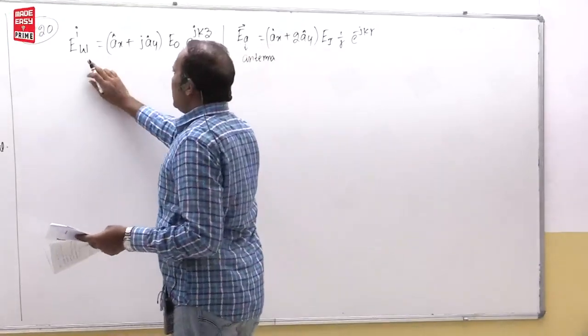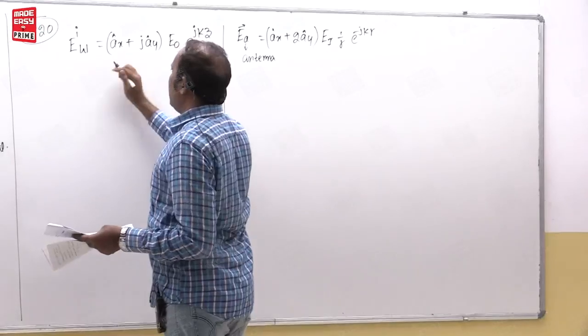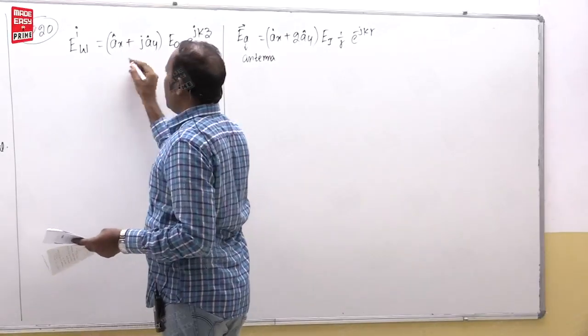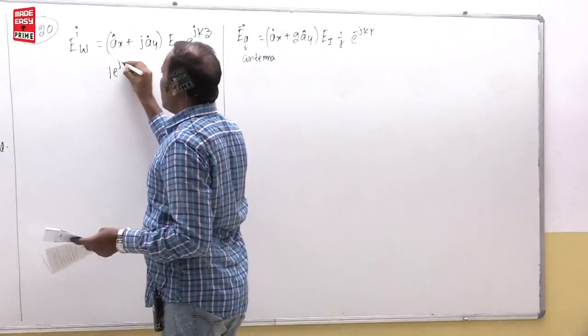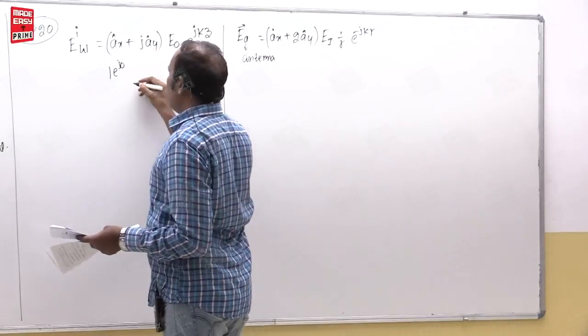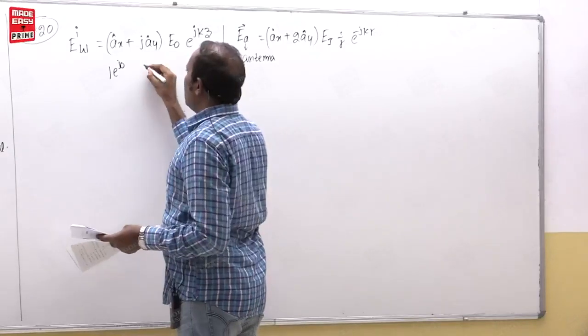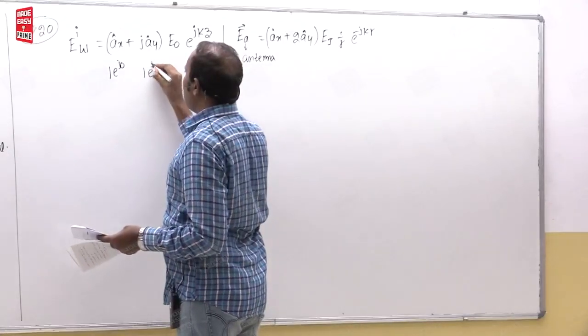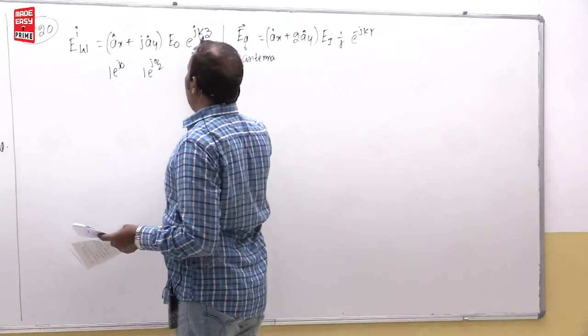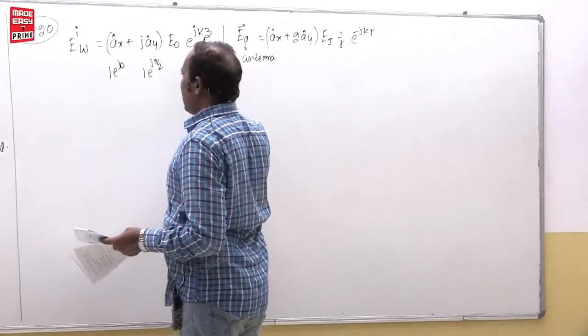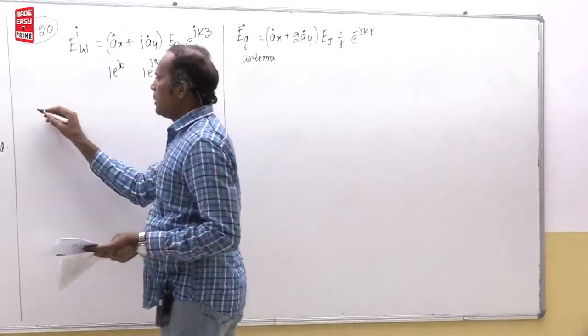Now here this incident wave has an x component and a y component. Here the magnitude is 1 e^(j0). You know that we have already done this in uniform plane wave. Now this one has 1 e^(j90). The wave is traveling in the minus z direction.